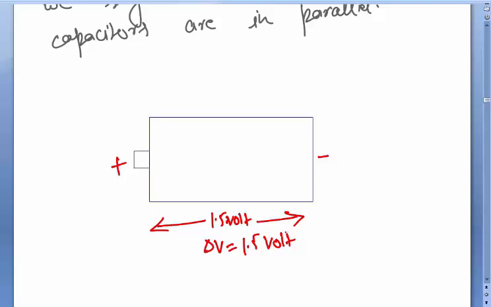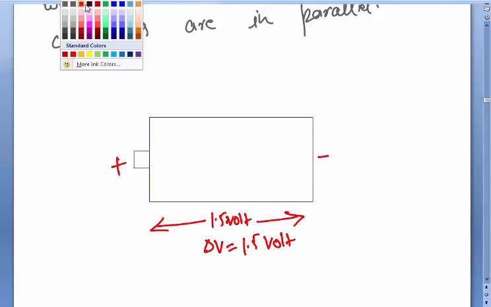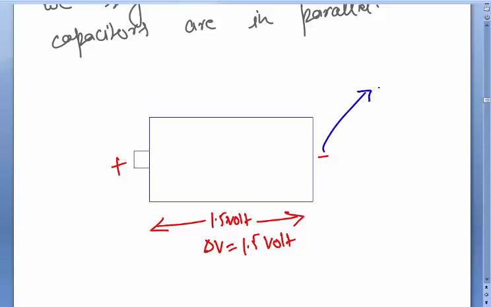This is the designation of the battery. Now, for convenience, if we assume this one to be zero potential, then this one will be 1.5 volt. Zero potential implies 0 volt.